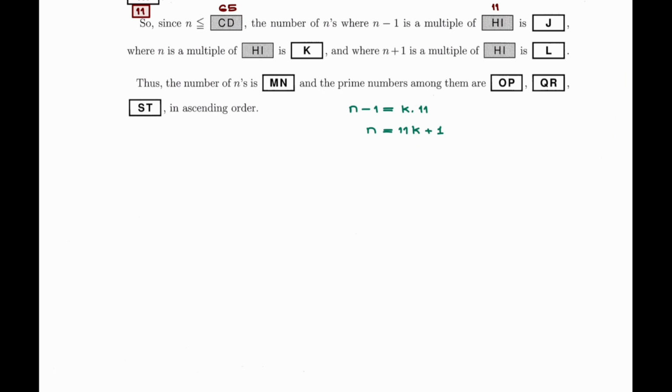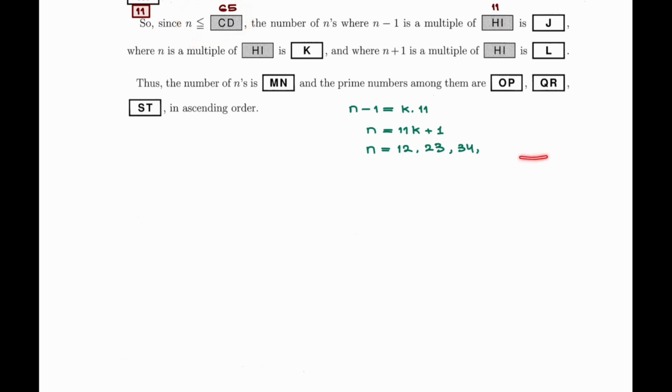When k equals 1, n equals 12, and when k equals 2, 11 times 2 is 22 plus 1, you get 23. When k equals 3, 33 plus 1, you get 34, and so on until n is less than or equal to 65.